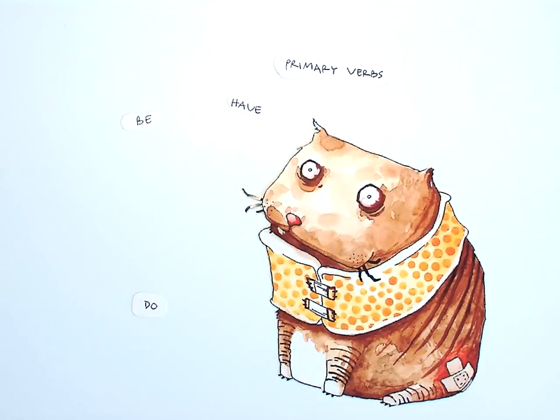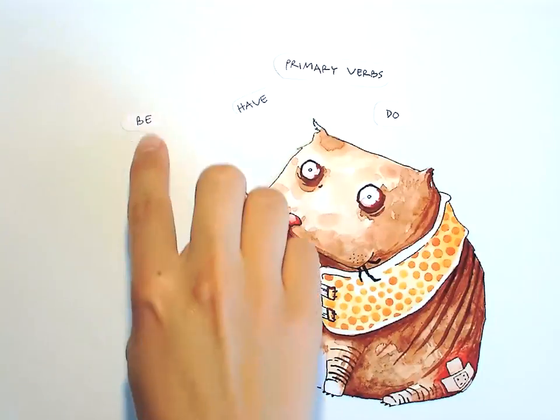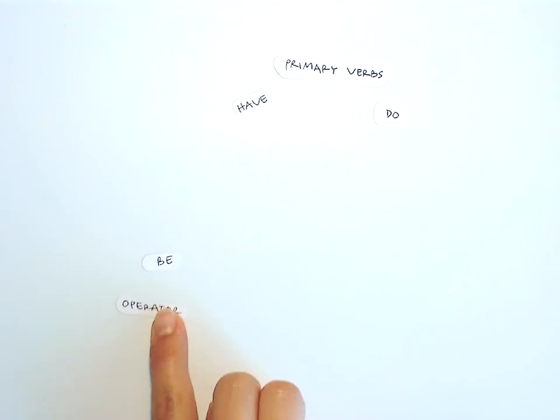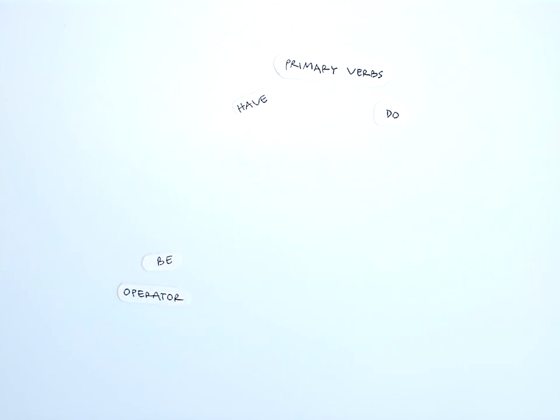When auxiliaries are there solely to help with negation and stand before the negative particle not, then we call these auxiliaries operators. The cat was not there. The operator in this sentence is was, as it stands before the negative particle. But it is also the main verb, as it is the only and last verb in the verb group.